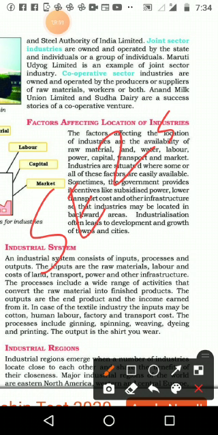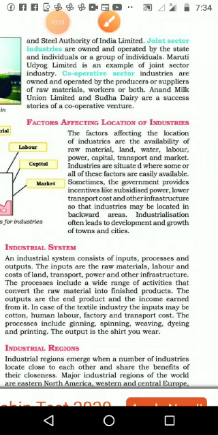What is the purpose of a special economic zone? There the government gives subsidized power, low transportation cost and other infrastructure, very low rent, or for 5 years the government won't take any rent. Like that, many facilities are given in these SEZ areas.